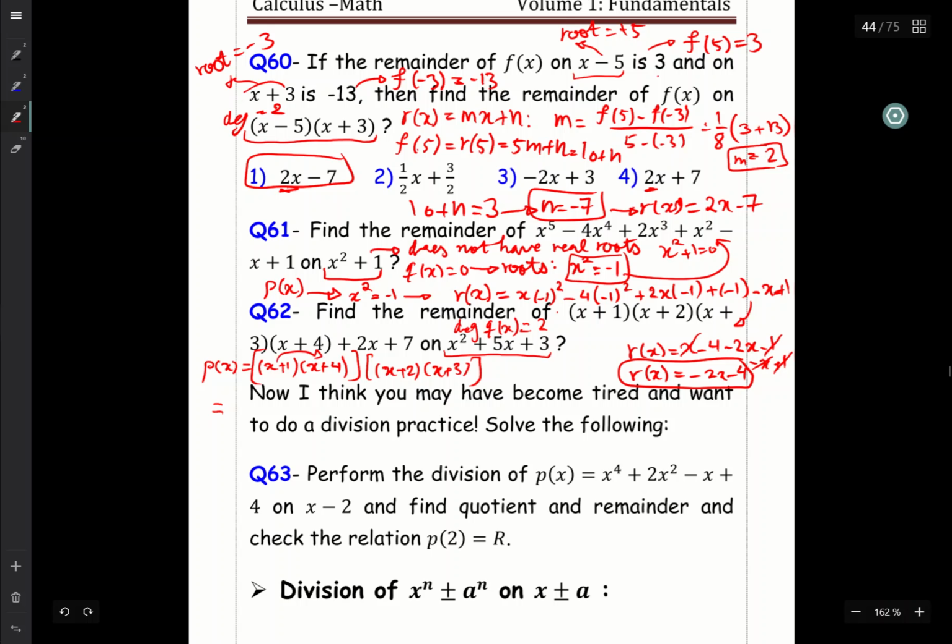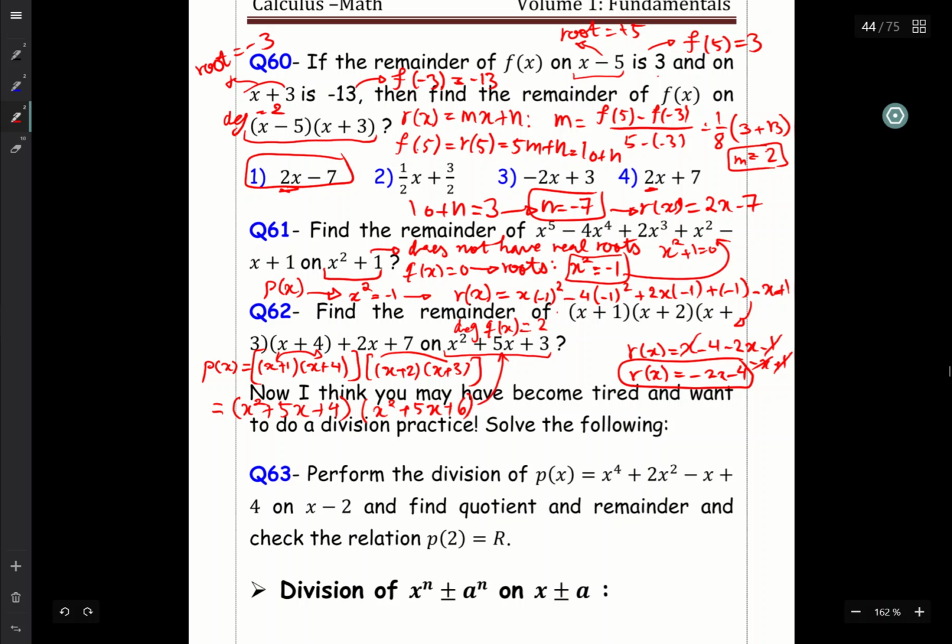Because when I multiply (x+1) times (x+4), it gives me x^2 + 5x + 4. And if I multiply the second part, it's x^2 + 5x + 6. Now you see that both of them give me a term of x^2 + 5x. And that was exactly what appeared here.